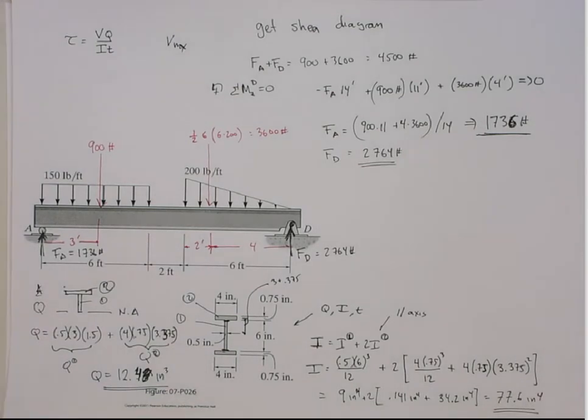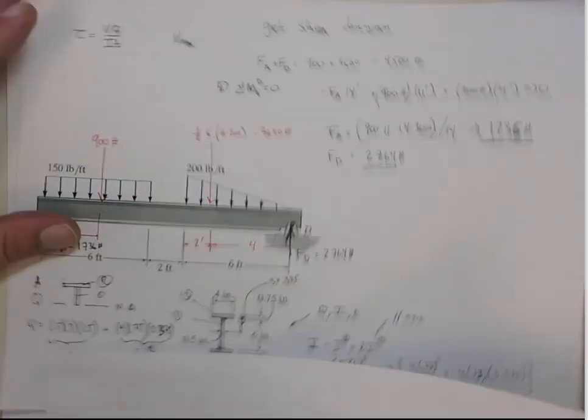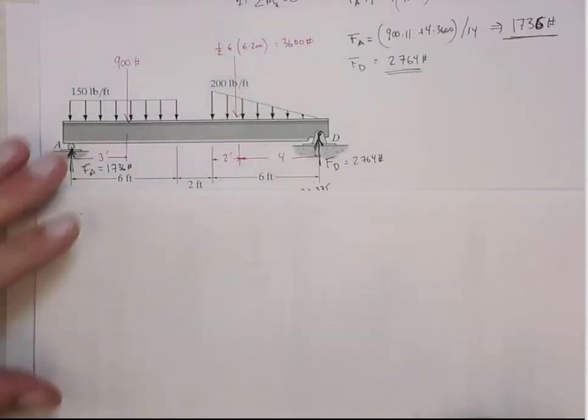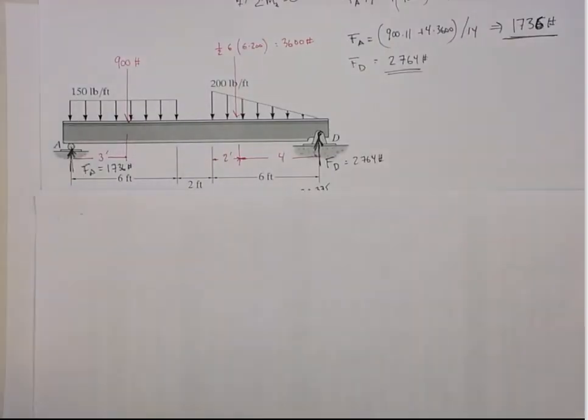So let's get another piece of paper. It's getting a little crowded here. So let's start from the left side of the beam, all right?